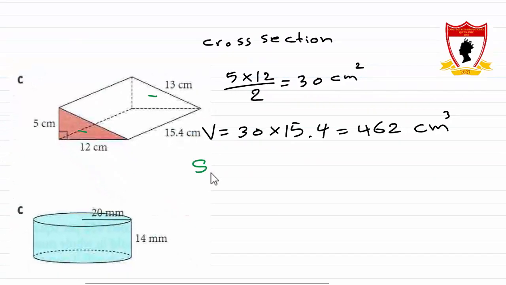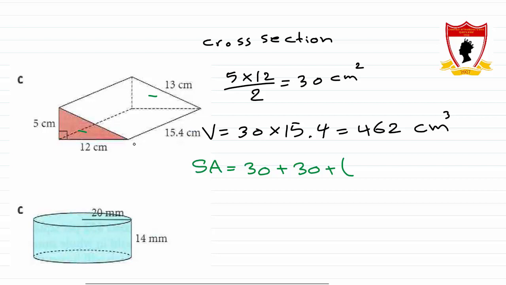Then surface area is like 30, it's the area of the side, plus 30, the area of this triangular face, plus the area of this rectangle.